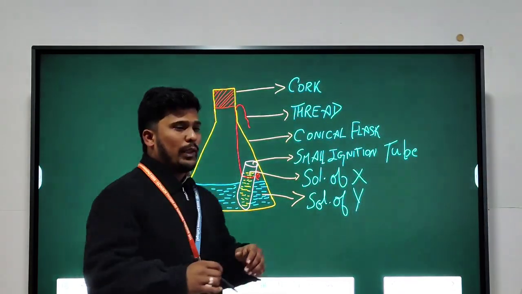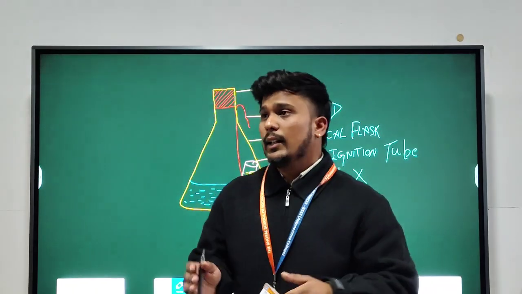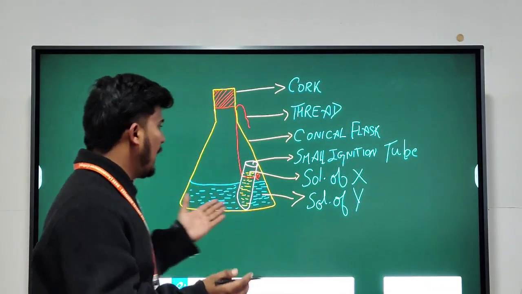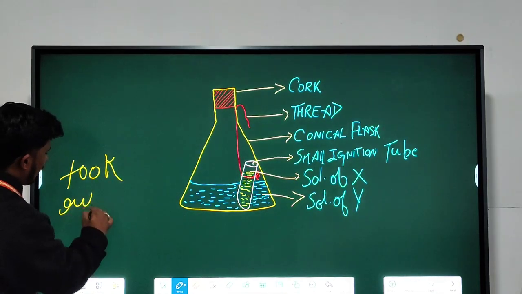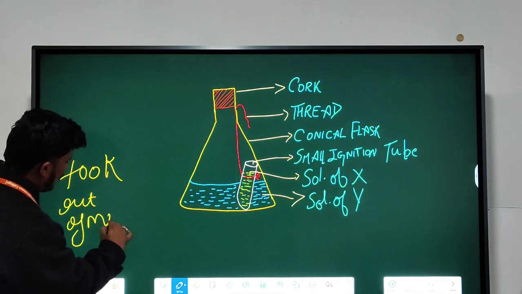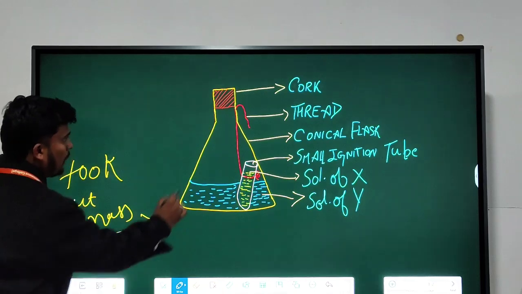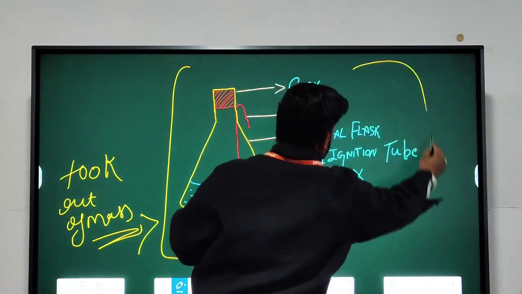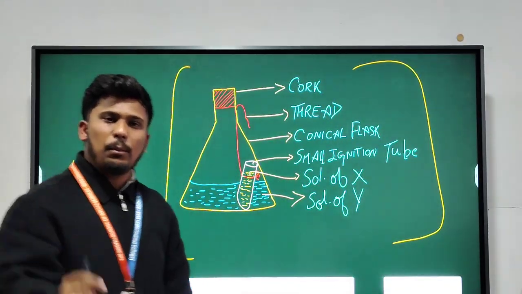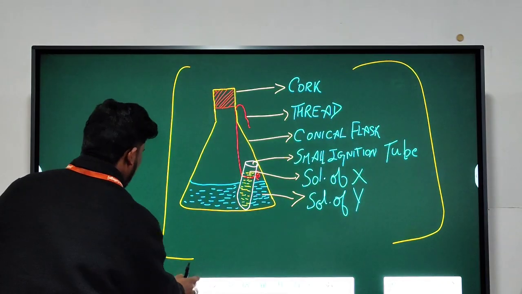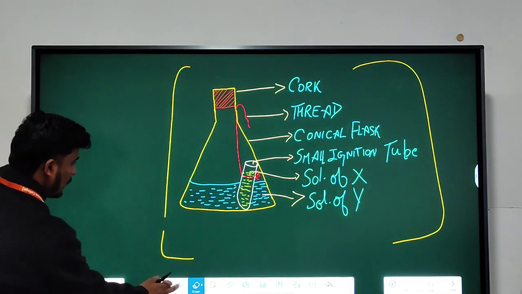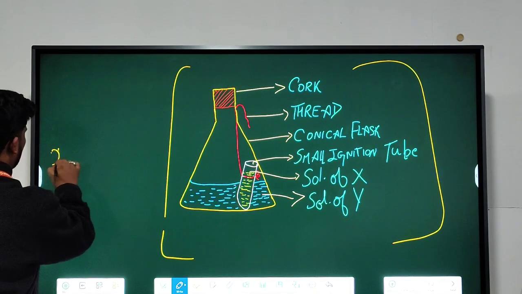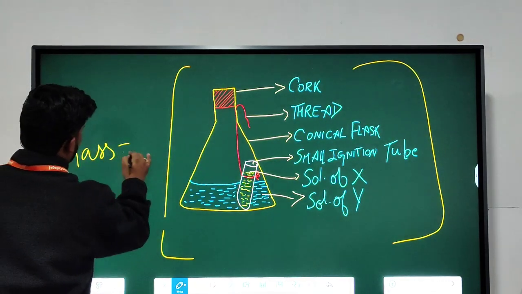What Lavoisier did was weigh the whole flask. He got a mass, for example, X. Let X be the mass of this flask.